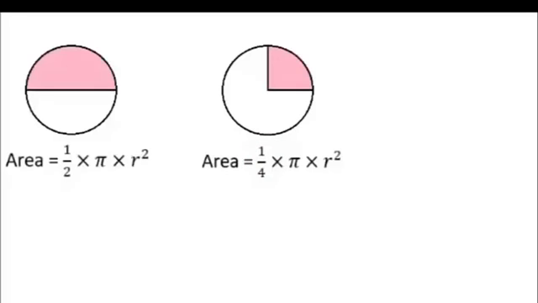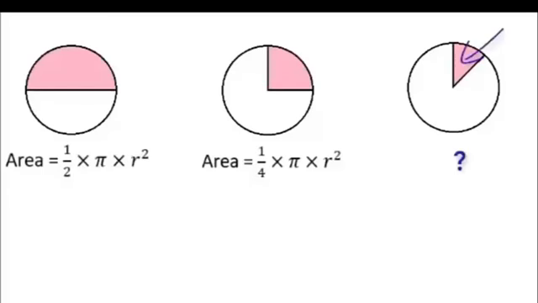Now let's look at another part of the circle. So, what will be the area of the colored part in this case? Without any information, we cannot find the formula of the area of this part.